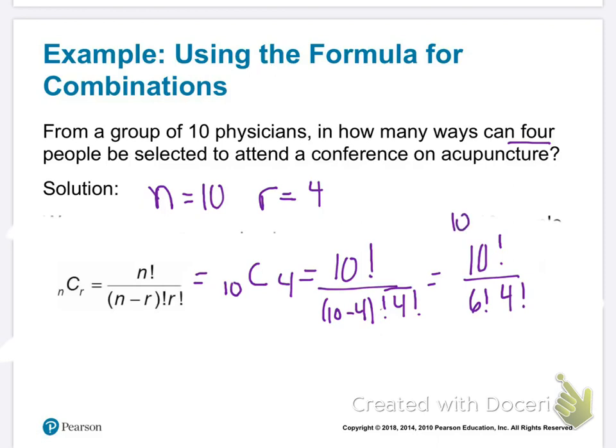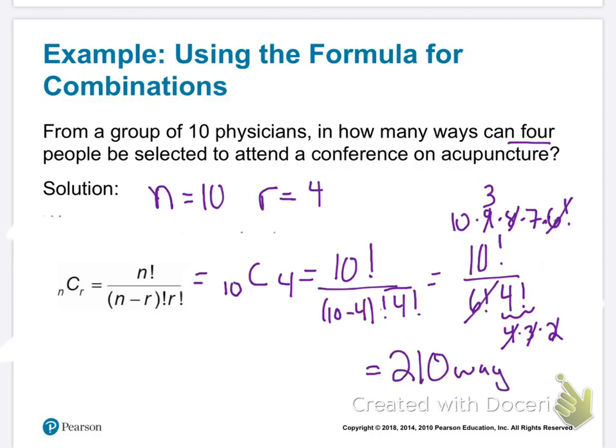I'm going to expand the top: 10 times 9 times 8 times 7 times 6 factorial. The 6 factorials cancel. The 4 factorial expands to 4 times 3 times 2 times 1. We have 2 times 4 is 8, and 3 goes into 9 3 times. We can multiply all these out, and you see that it is 210 ways.